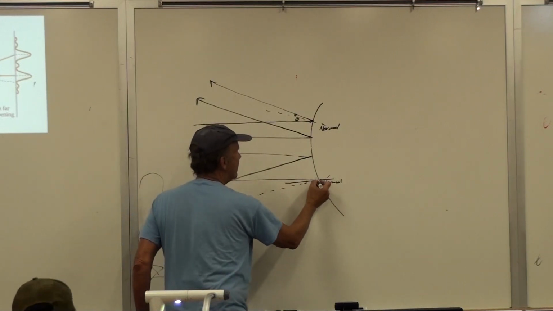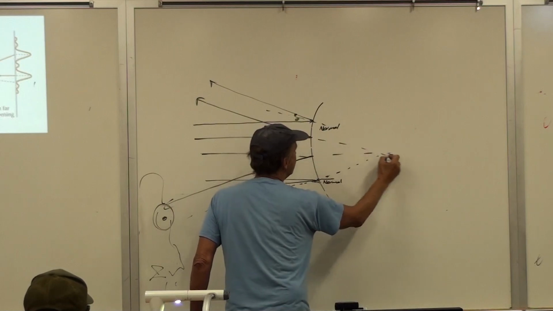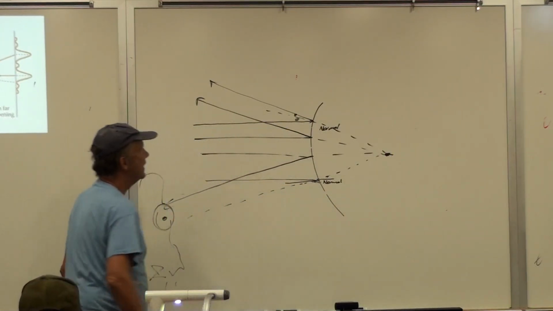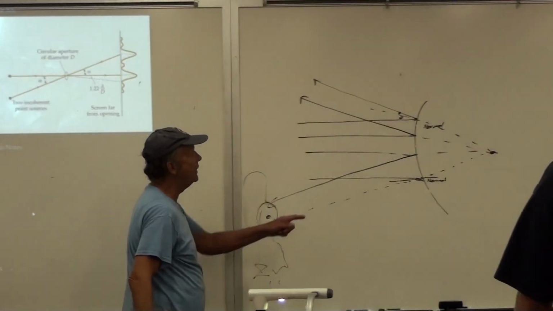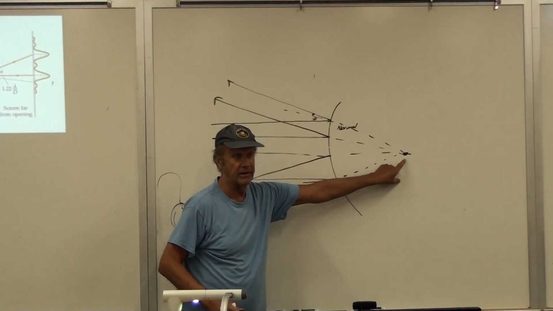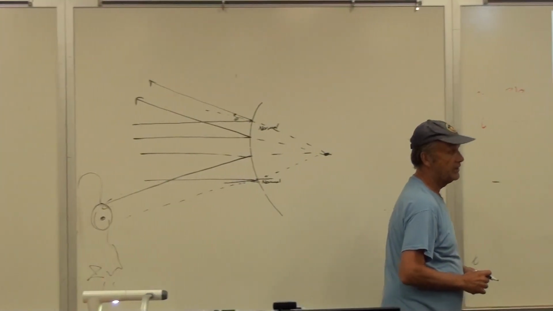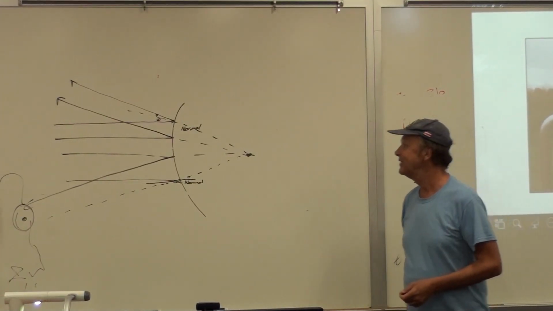And so if you had an eye here and you were following along the apparent path of those light rays, what you would find is that they would all seem to converge at a point. And so that's what your eye would see, this apparent point source of light on the far side of the mirror. But as we already know, that is not possible, because light can't go through the mirror, right? It can only bounce off the mirror.